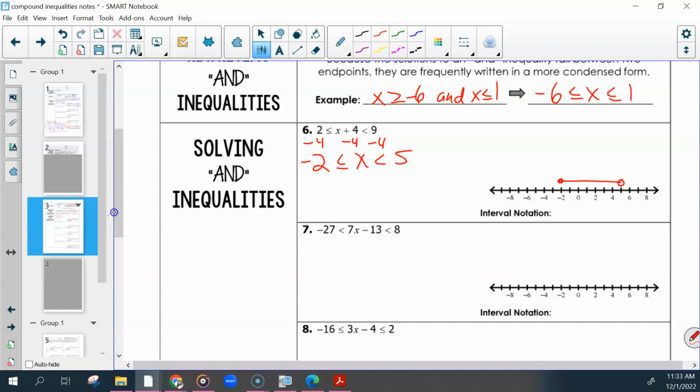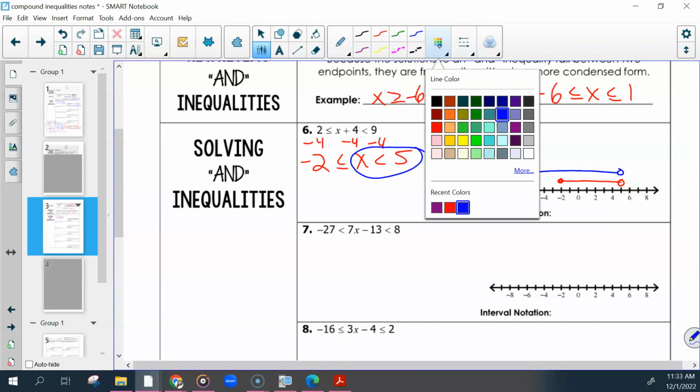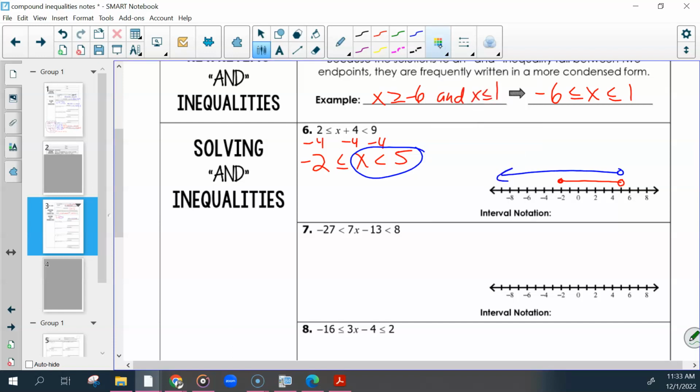Just read this part: x is less than 5 would be an open circle at 5 going to the left. Then read this part, but read it backwards: x is greater than or equal to -2. That would be a closed circle going to the right. So you can see where they would overlap.